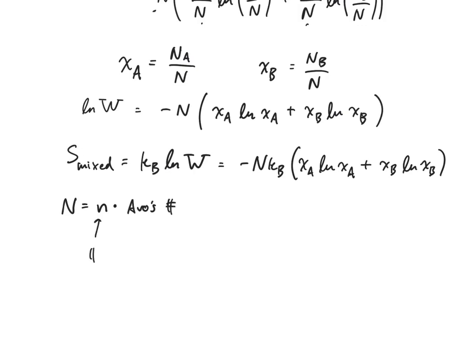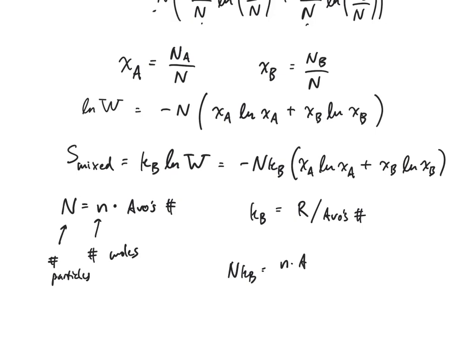So remember, this is number of moles, and this here is number of particles. And recall back earlier in class, I told you that kB is equal to R divided by Avogadro's number. Then we can say that N times kB is equal to n times Avogadro's number times R divided by Avogadro's number. The Avogadro's numbers cancel out, and this just equals nR.